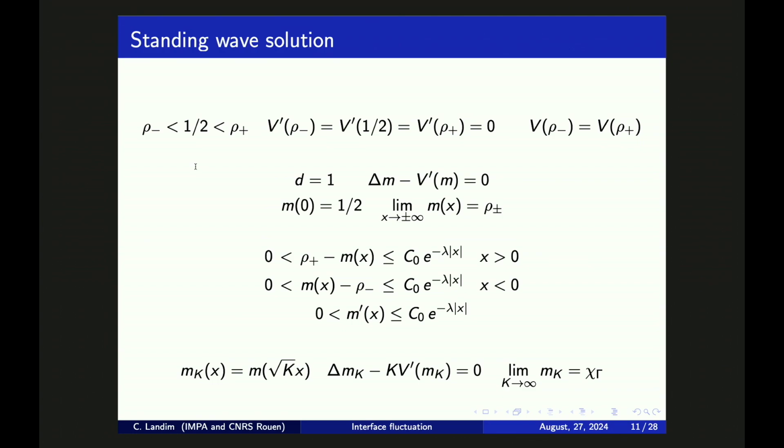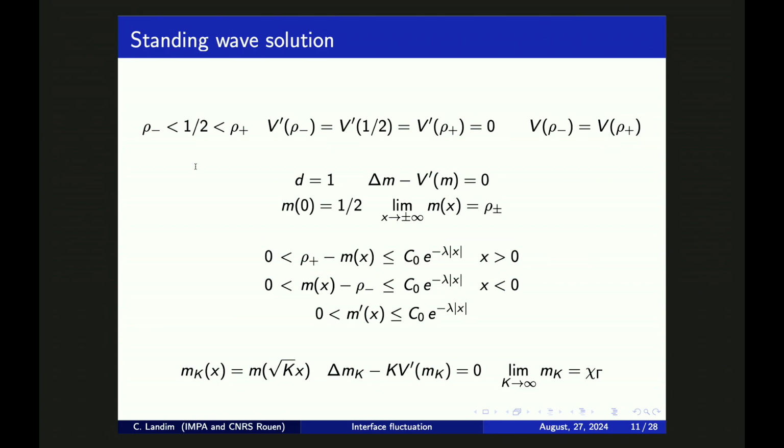Now this is the equation with k removed. If I now add k, in order to get the solution you just need to shrink your equation. What I'm claiming is that if you define m_k as m of square root of k times x, you get the solution m_k of the equation you're interested in.